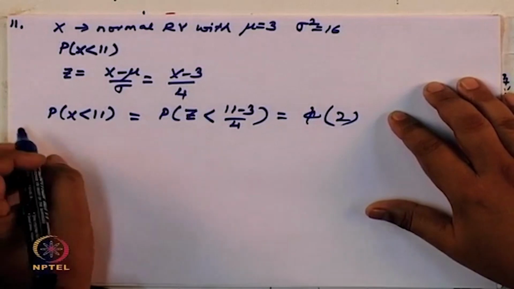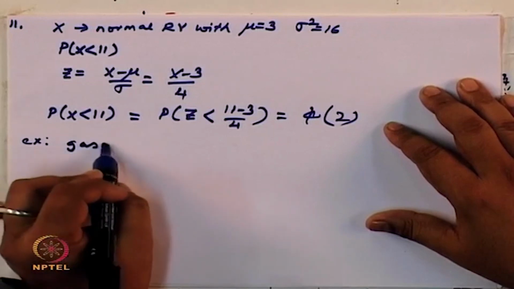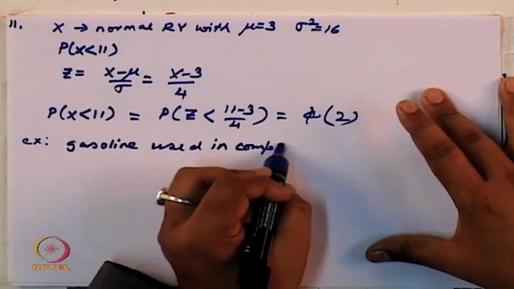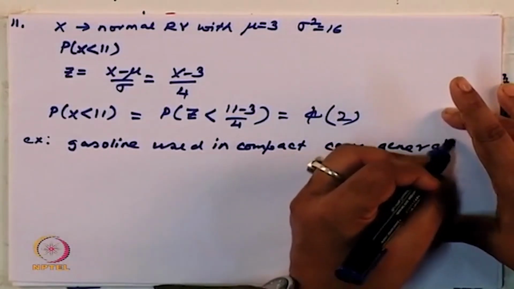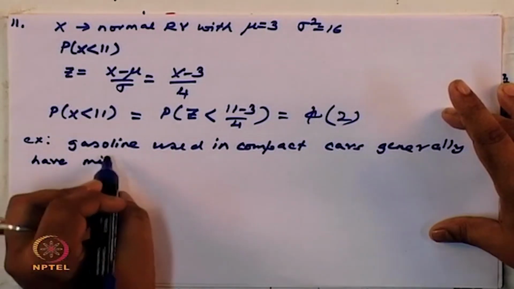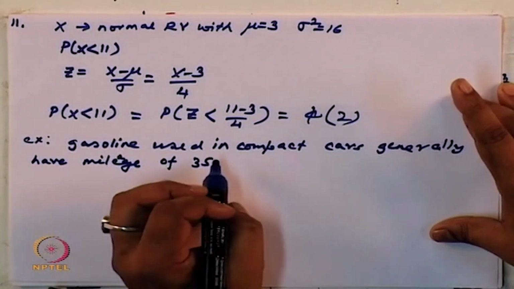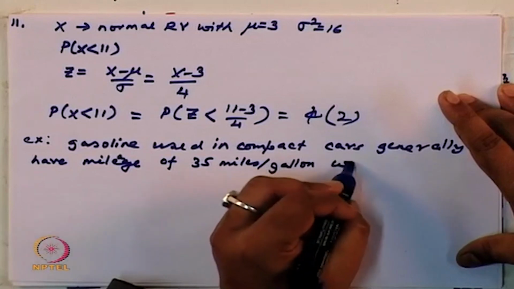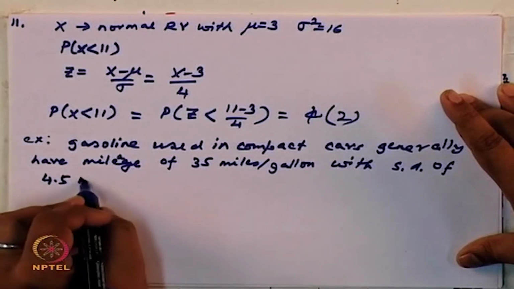Let us take another example. Let us say gasoline used in compact cars generally has a mileage of 35 miles per gallon with a standard deviation of 4.5 miles per gallon.